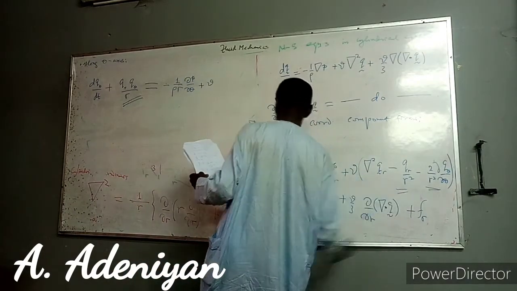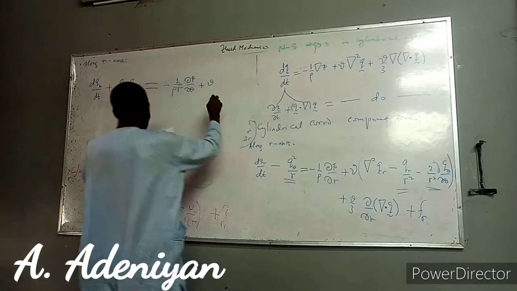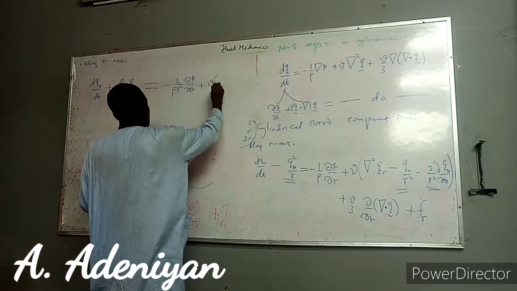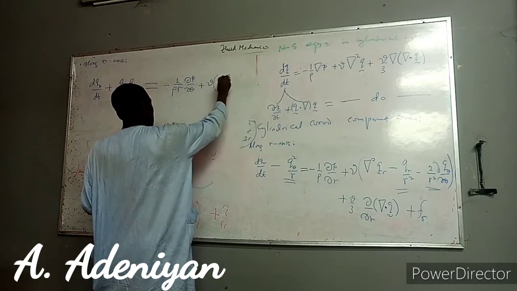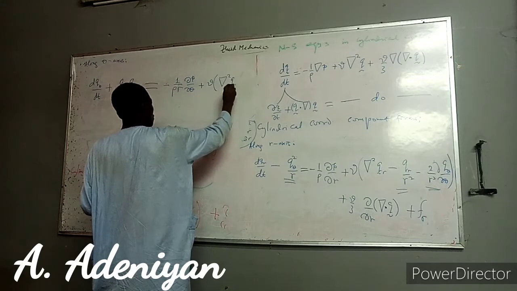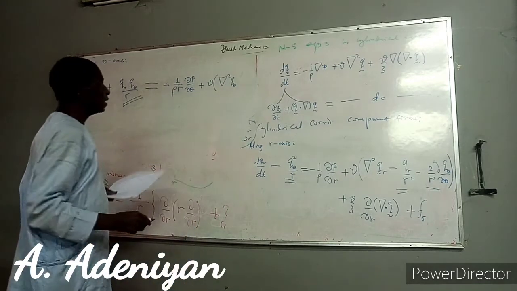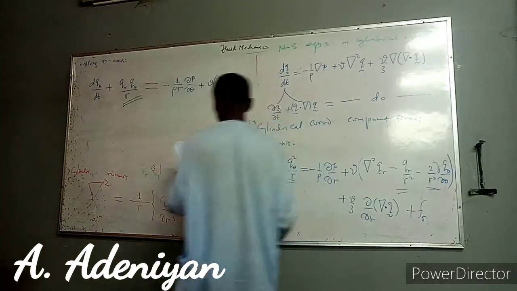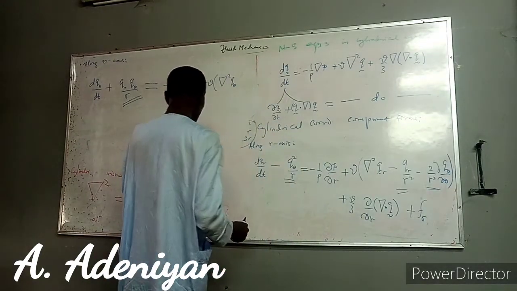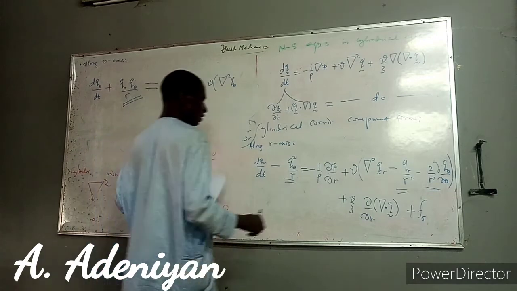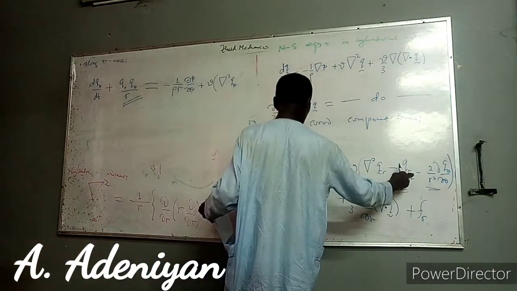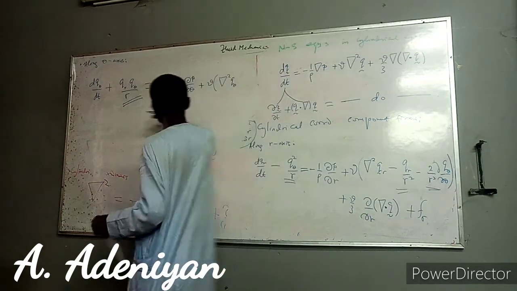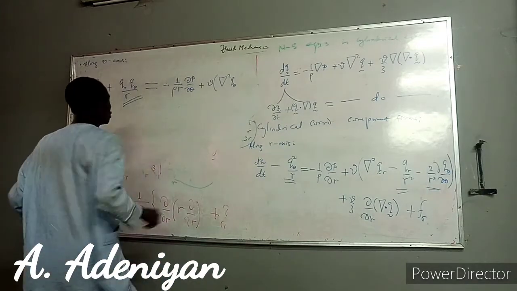Nu into the same thing. Instead of Q r, put Q theta. Instead of this, put Q theta. You see, when this one is Q r, what we are using this time around is Q theta.